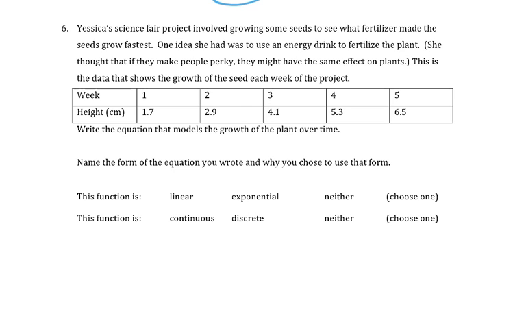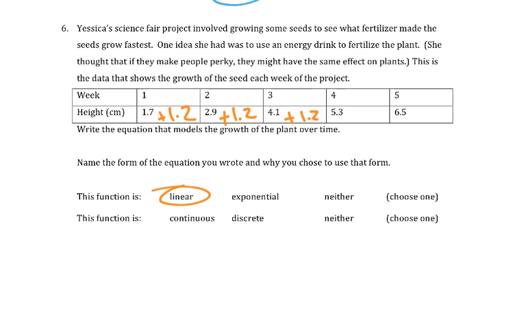So we've got to figure out how this is growing. So we could be adding 1.2? 1.7 plus 1.2 would be 2.9, plus 1.2, would that give us 4.1, plus 1.2, yep, so that's definitely a linear because we're adding.